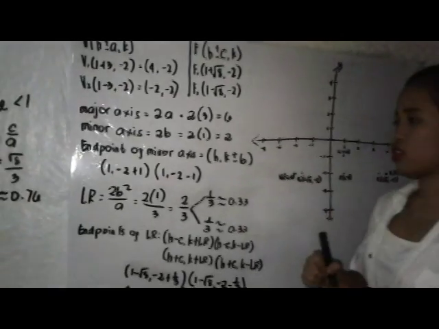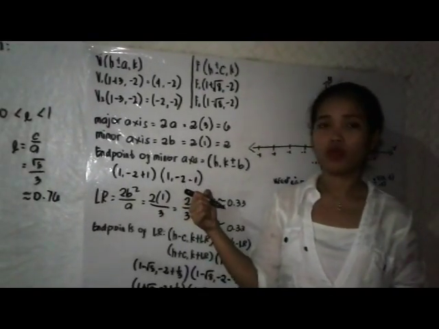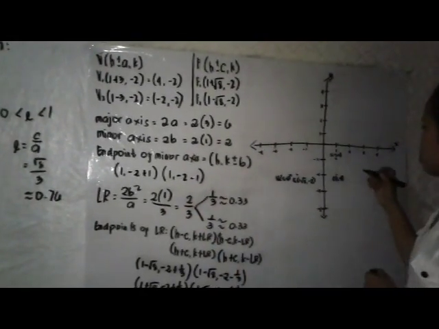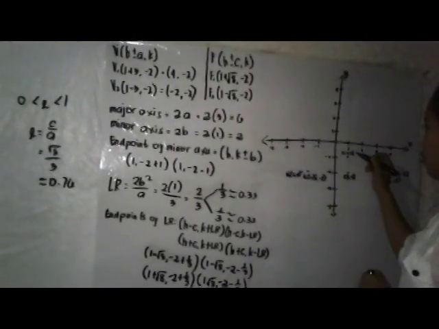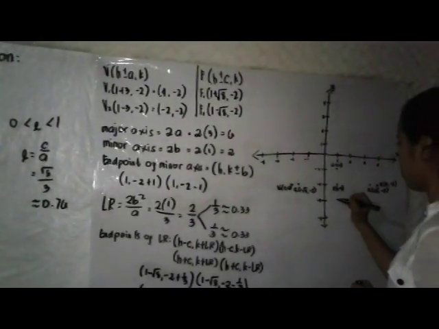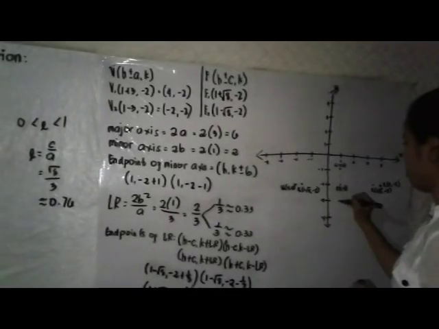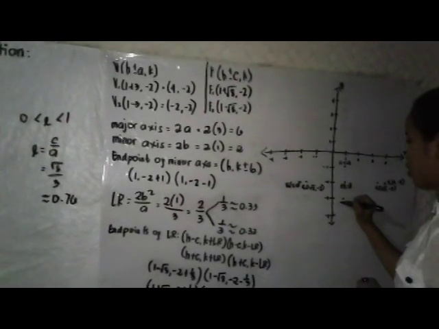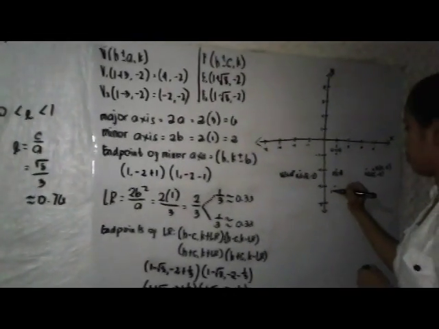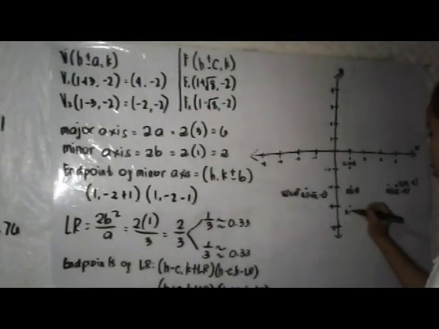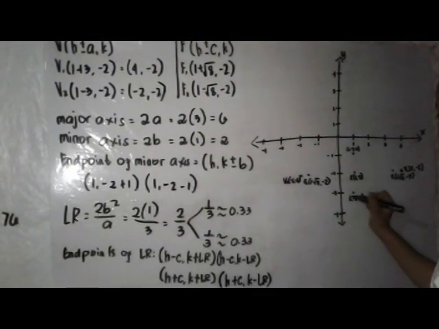The next is 1, negative 2, and negative 2. So we have 1, negative 2. So this is our endpoint 2, which is 1, negative 2, and negative 1.